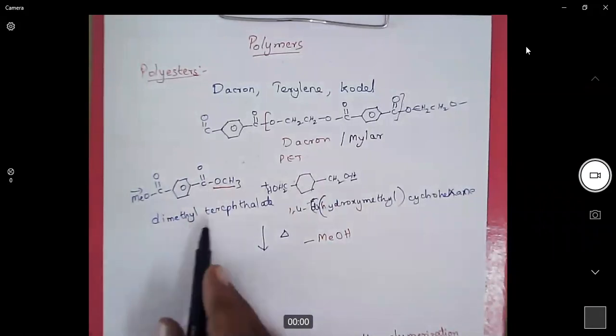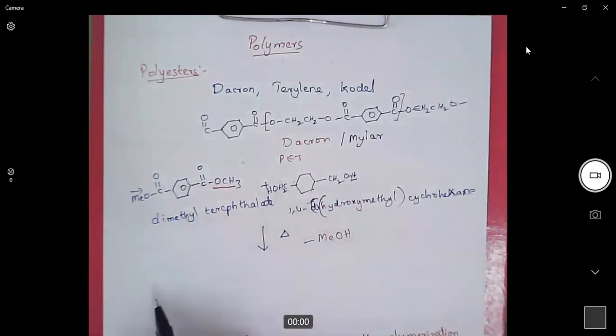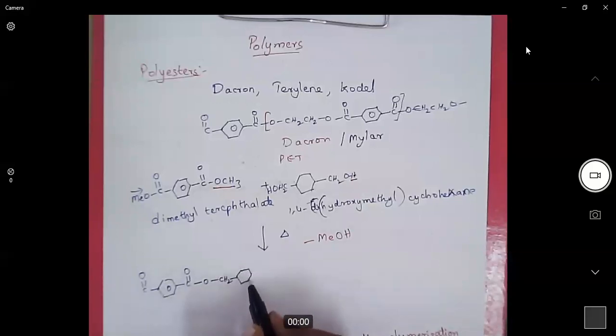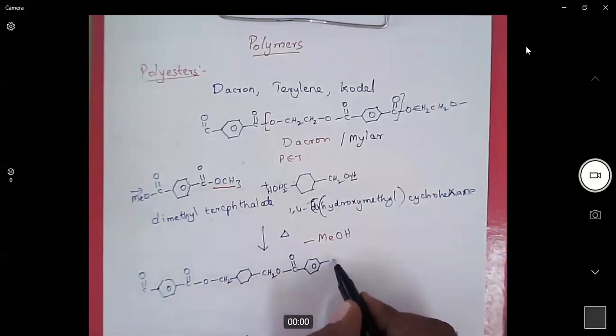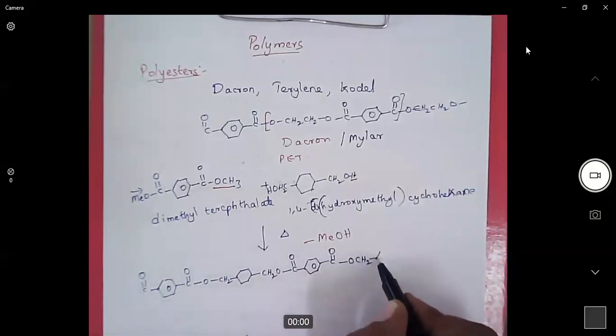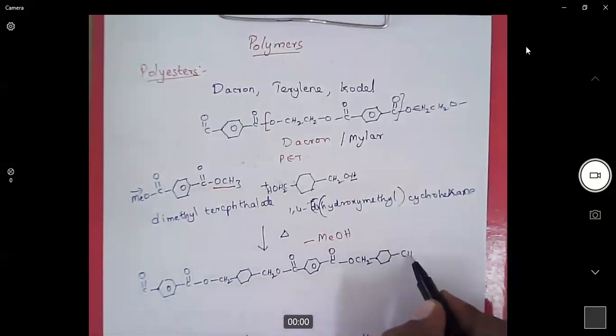When dimethyl terephthalate reacts with this cyclohexane dialcohol, it generates this carboxylic acid part, alcohol part, carboxylic acid part, alcohol part.